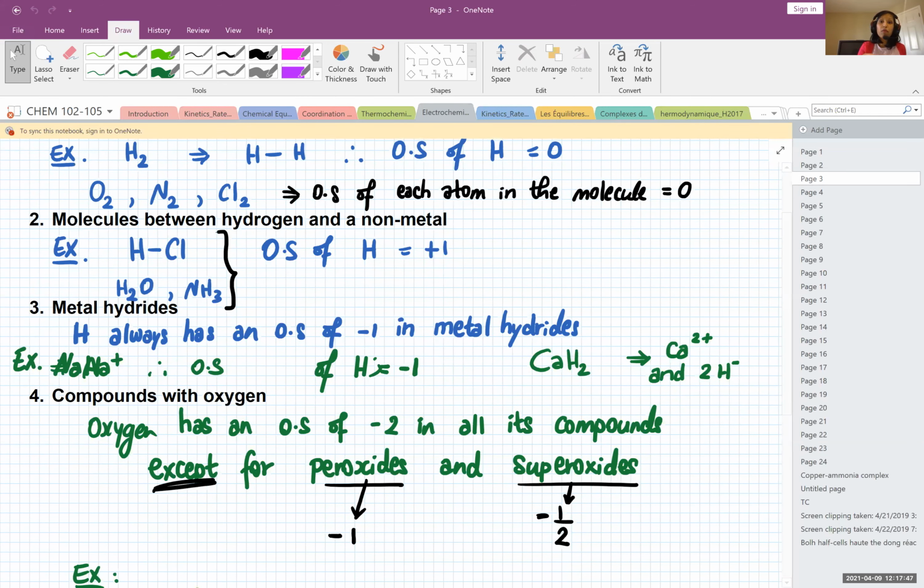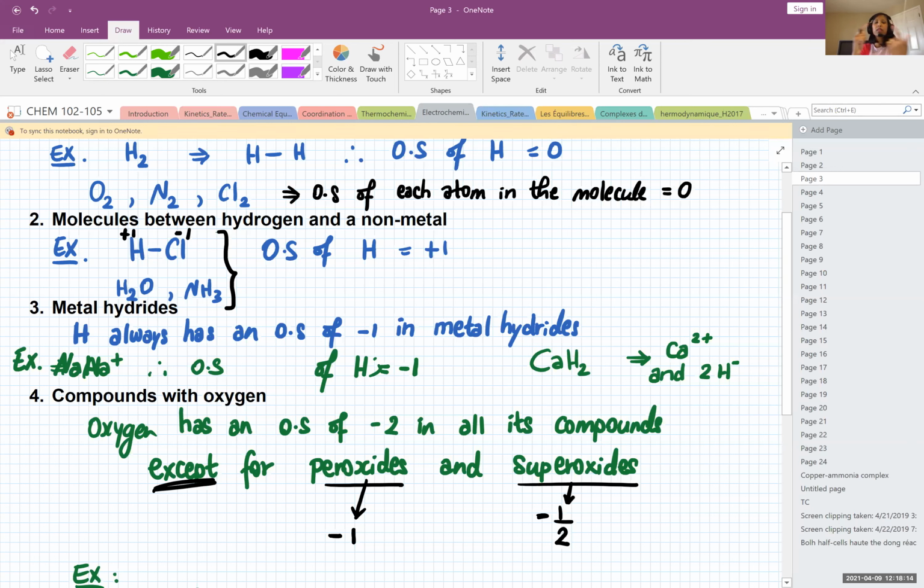And now for hydrogen, that's the next thing you need to remember. In any molecule, if hydrogen is bonded to a non-metal, its oxidation state is +1, always. So that can be a molecule of HCl. We see in HCl that hydrogen is +1. Therefore, the oxidation state of chlorine in this molecule is -1.